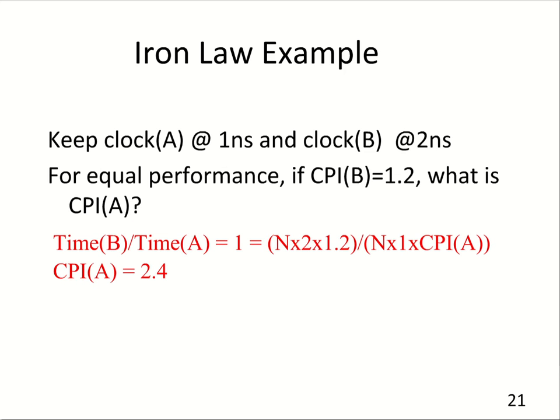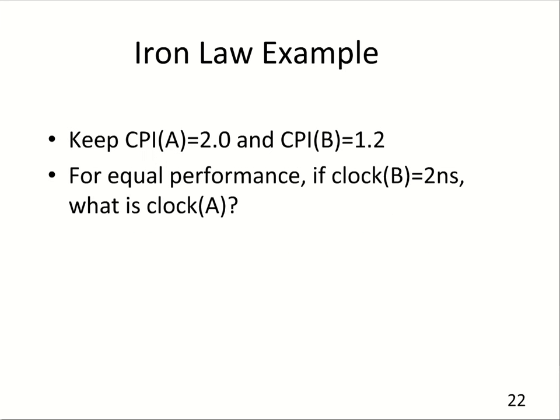Well, again, we compute the ratio of the time on B and the time on A. We set it as 1 for equivalent performance, and then we plug in the iron law equation for both of these cases: n times 2 times 1.2 for machine B, n times 1 times the CPI of A for machine A, which is again what we're solving for here. Some of these factors cancel out, and we rearrange a few terms and simplify, and we end up with a CPI of 2.4 for A to get equivalent performance.